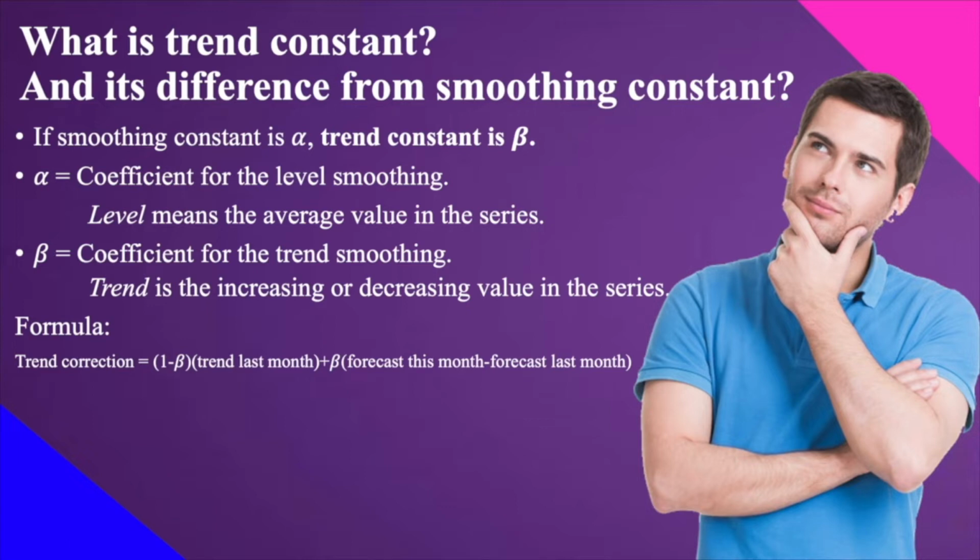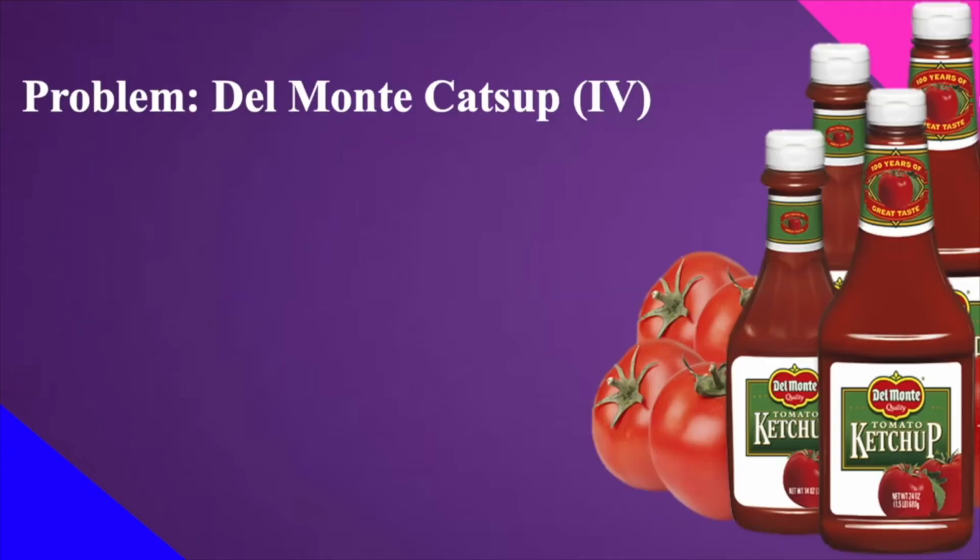That is for the trend correction. Second formula, I hope you are taking your notes there. Second formula is the forecast with trend. This is equal to the old forecast plus the trend correction computed. Okay? So, that's it. Those are the two formulas that we will use.